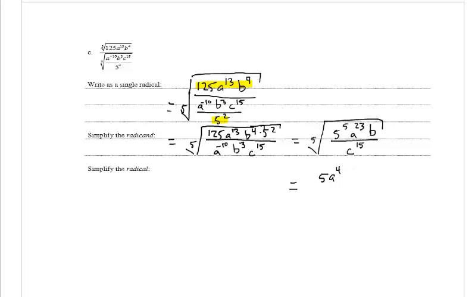And since b isn't raised to 5 or more, we can't take any b's outside of the radical. And then we have divided by the fifth root of c to the 15th, which is c cubed, times the fifth root of a cubed times b. And that's our video on the quotient rule for higher roots.